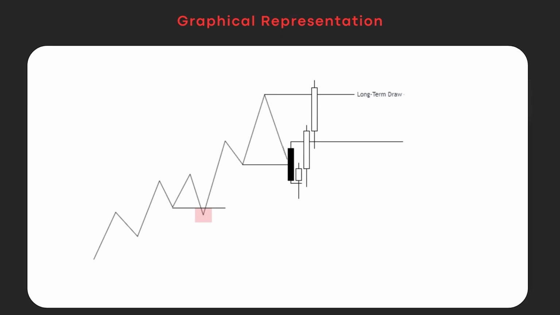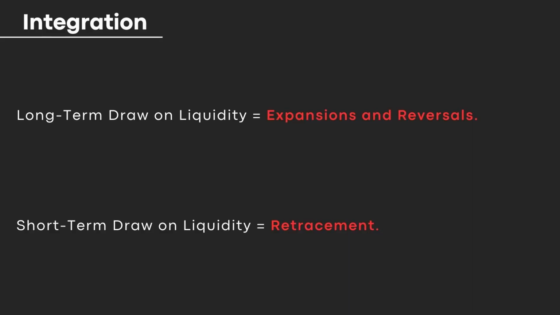We determined it by using all of the concepts like order flow, dealing ranges, candle ranges, and market profiles, combining and integrating them with each other and using the if-and-then logic, which helped us determine our drawn liquidity. That's how you're going to do it.